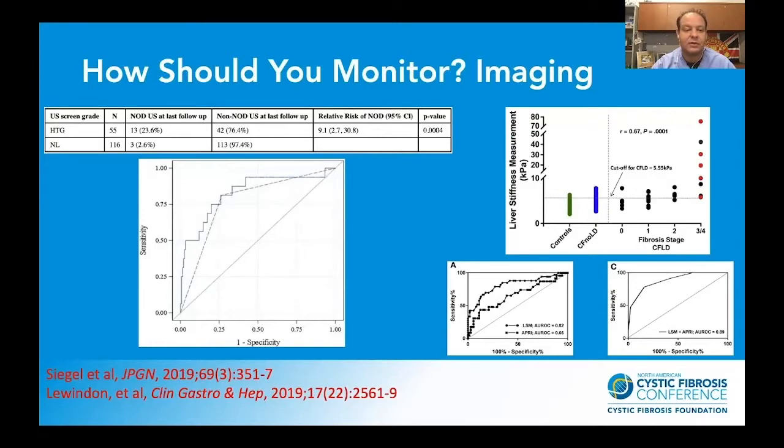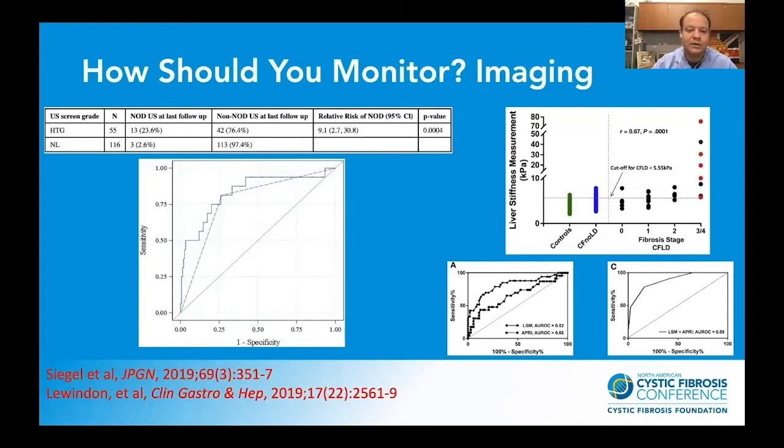Amongst the normals, there was only 3% or a little bit less that went on to have a nodular pattern, showing a relative risk of about 9 for the development of a nodular ultrasound pattern amongst those with a heterogeneous ultrasound at baseline. But remember, that means there's roughly 75% of patients that had that pattern that did not go on to have a nodular pattern as essentially a surrogate of having advanced liver involvement.